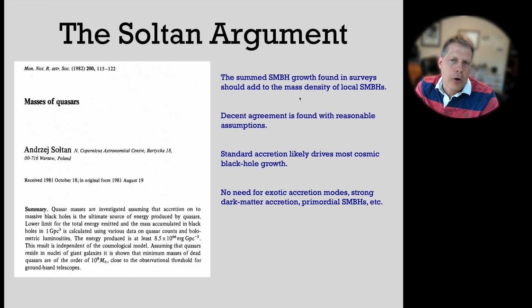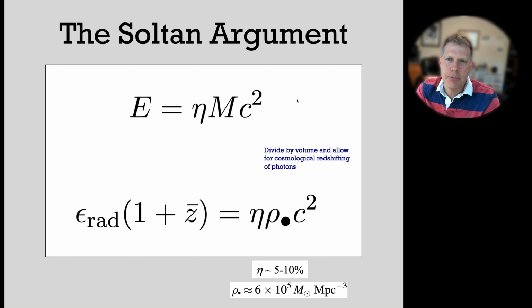And the basic argument says that the summed supermassive black hole growth found in surveys of AGN evolution, like I've been talking about for the past hour or so, must add together to be the mass density of local supermassive black holes. The basic argument can be summarized very concisely here.